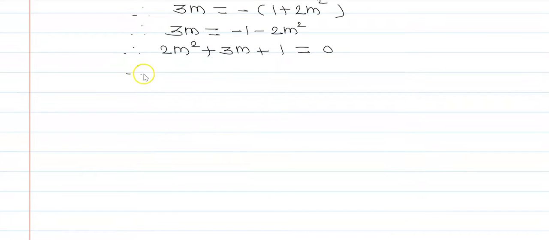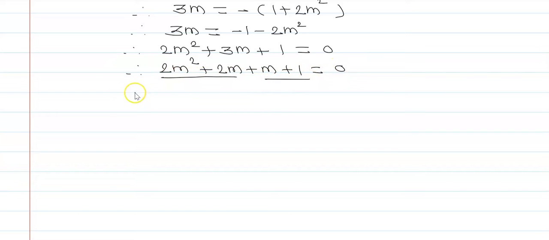Now factorize this, 2m square plus 2m plus m plus 1 is equals to 0. Okay, and therefore we can take 2m as common, then in bracket m plus 1, 1 in bracket m plus 1, and that's equals to 0.